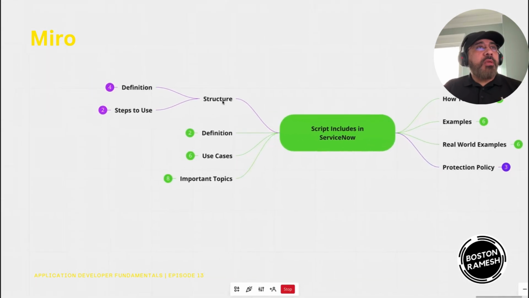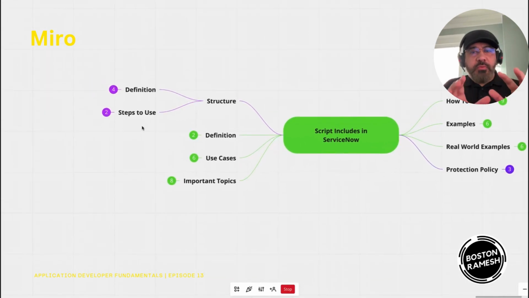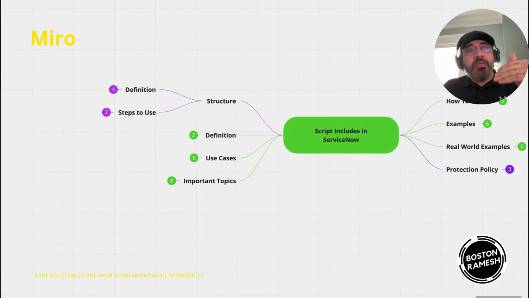The script include will have two major areas. When you open it, you will see the definition of it, and then we need to know what steps there are to use the script include.